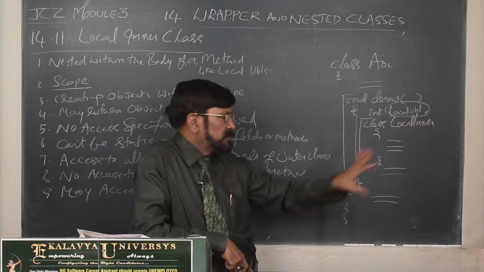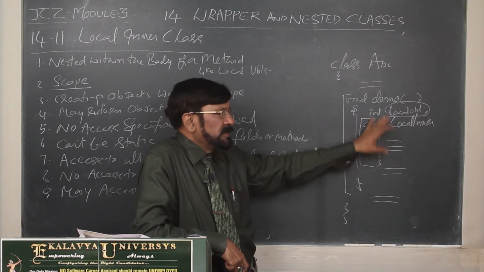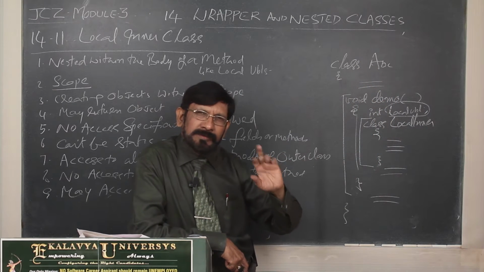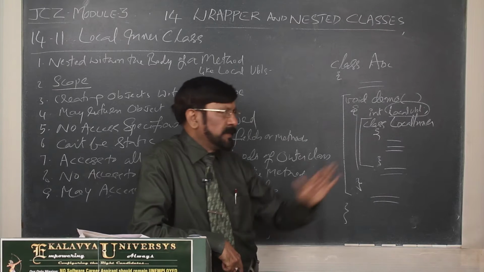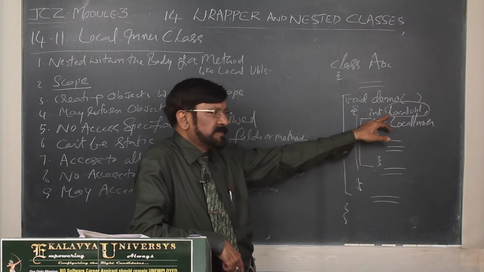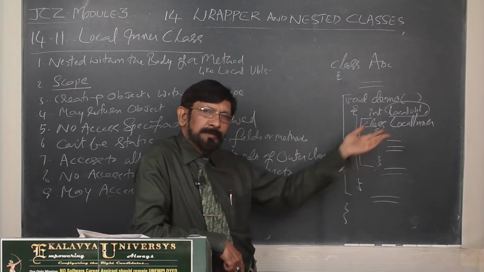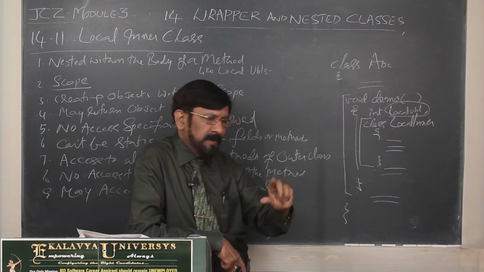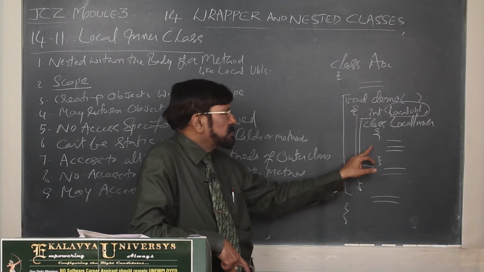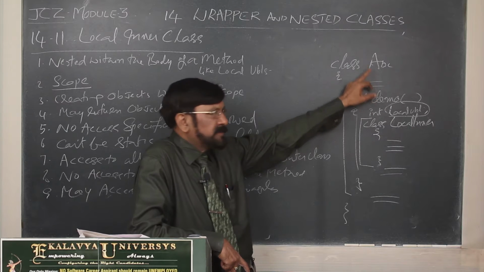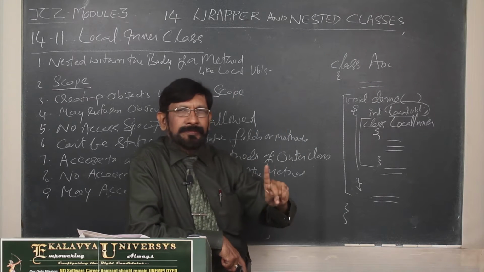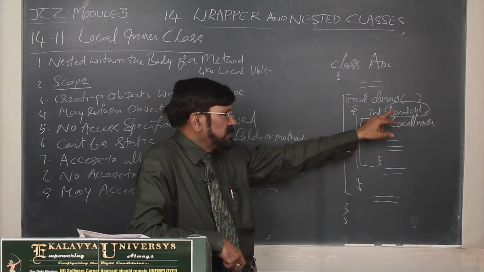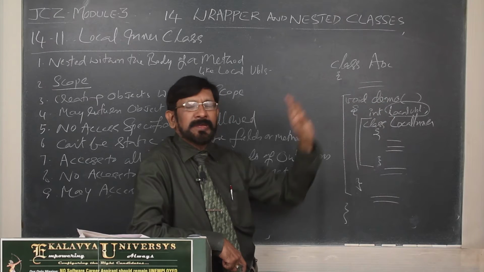Actually, behind the scenes, local inner class is created as a separate top level class by the compiler. Obviously, if it is an outside class, how can it access the local variables of a method? That is the reason behind it. Do not think much, but just remember that local inner class can access the fields and methods of the enclosing class, but it is not allowed to access the local variables of the method.